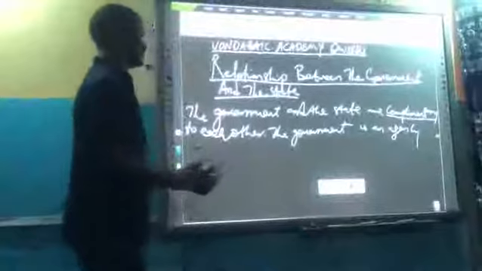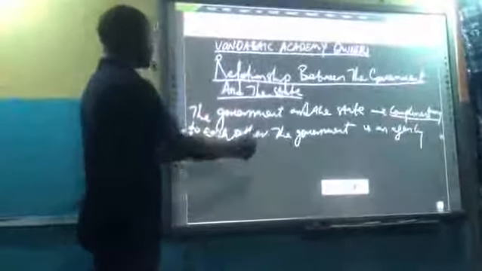Mark you, learning is all about repetition. If you are out there listening to me and you are not grabbing what Vondabaic is teaching you, that means you are dumb. That means you are a chronic dullard, because we have repeated these topics.